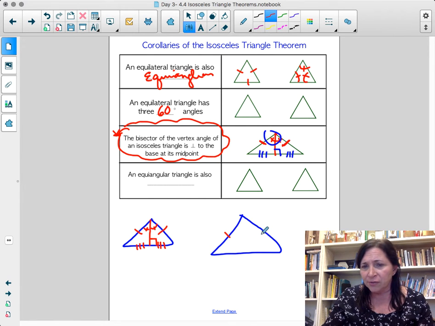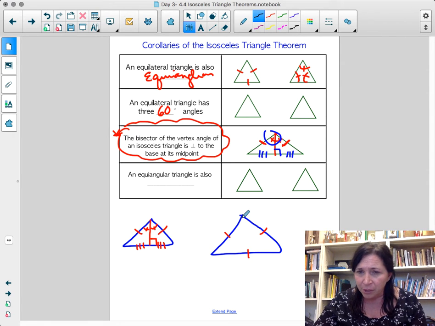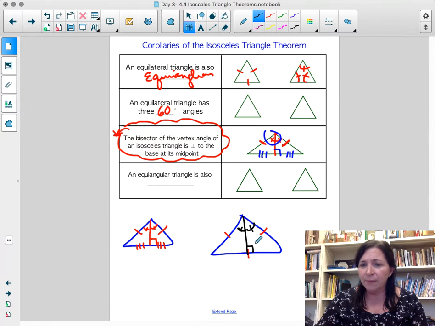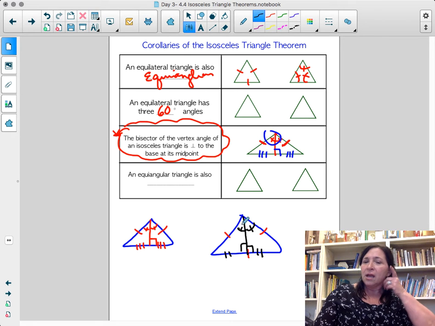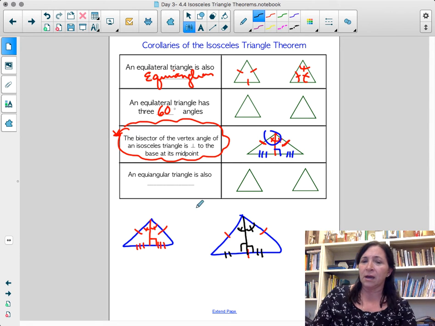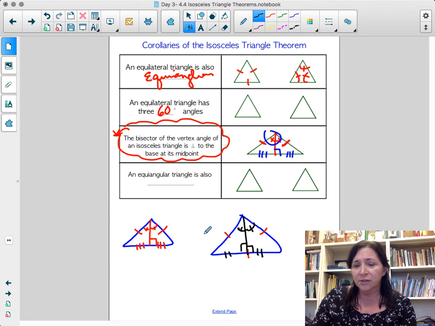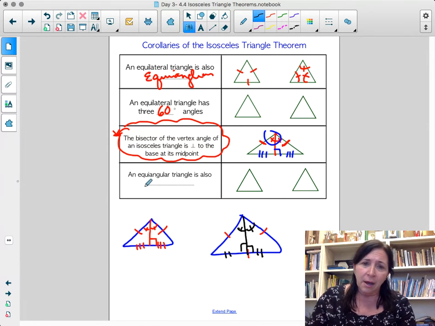It is also true for an equilateral triangle, and those are pretty much the only two instances where this cuts it in half, where that angle will equal that angle, this makes a right angle, and it cuts this length into two equal parts. You're going to use that a lot in solving right triangles, right triangle trigonometry. So it is really important to know that.